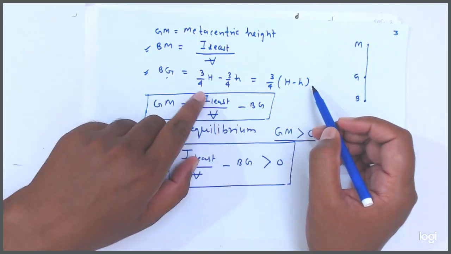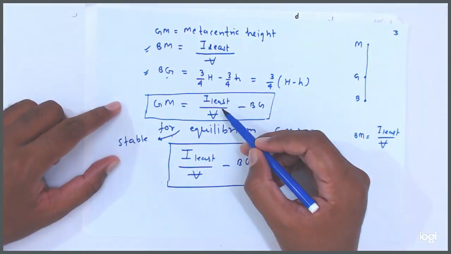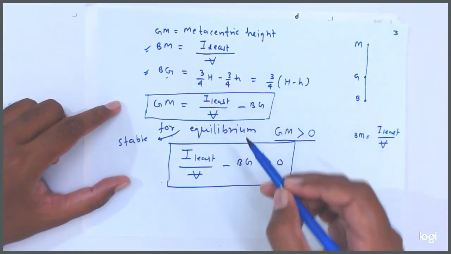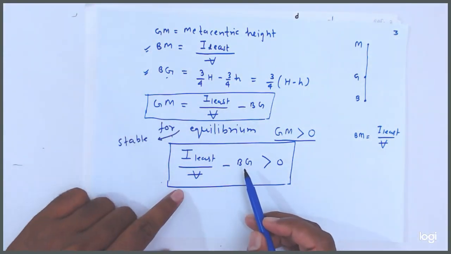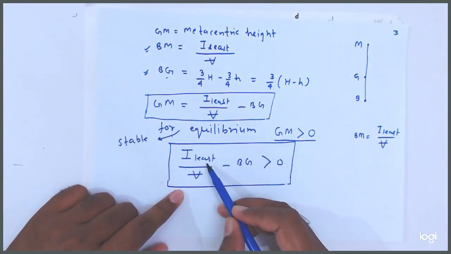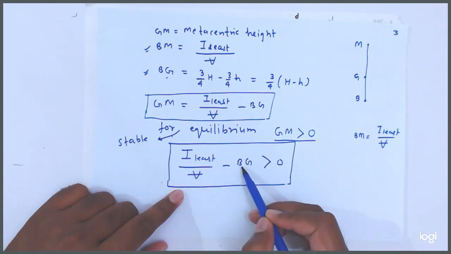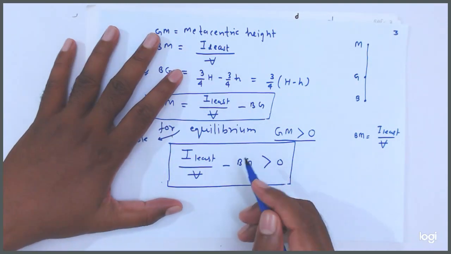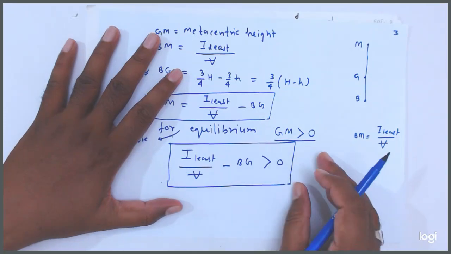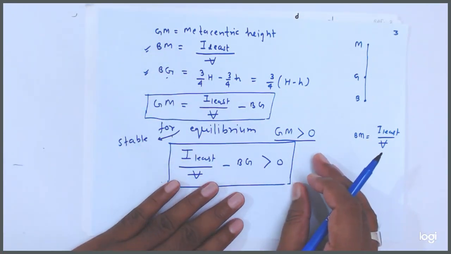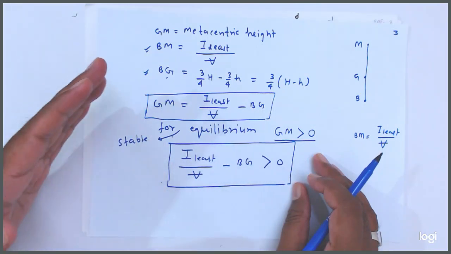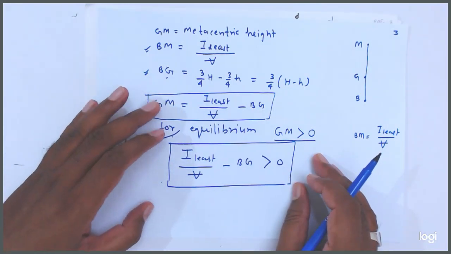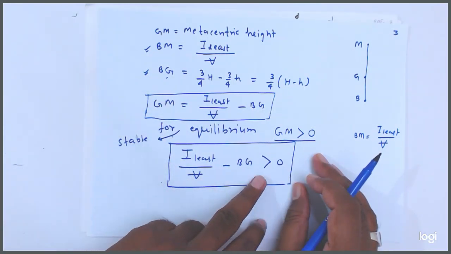Now we have to determine I least upon volume of liquid displaced so that we can put this value, because for stable equilibrium I least upon volume of liquid displaced minus BG should be greater than 0. Whatever values come, we will put them in this equation, and then our derivation will be complete. Okay, friends, so we have to find these values.